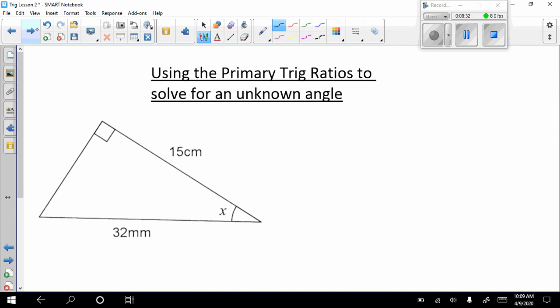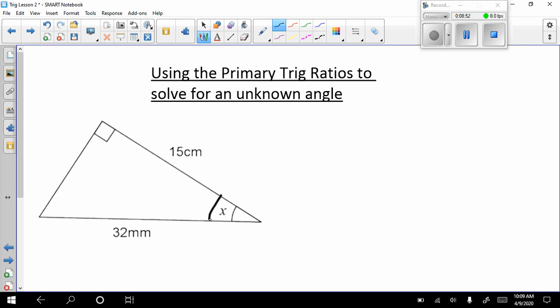And this one says using trig ratios to solve for an unknown angle. Okay, well, let's look at this triangle. In this case, I'm looking to solve for the angle x down in this corner. All right, so once again, I notice that I'm given two sides here.